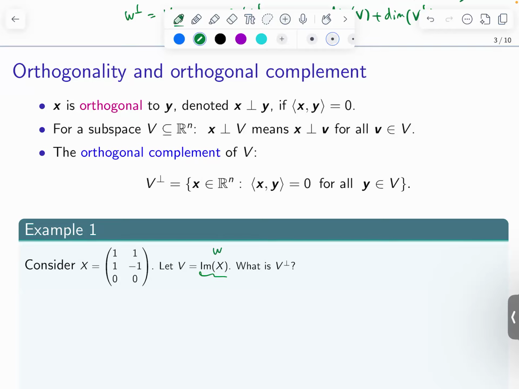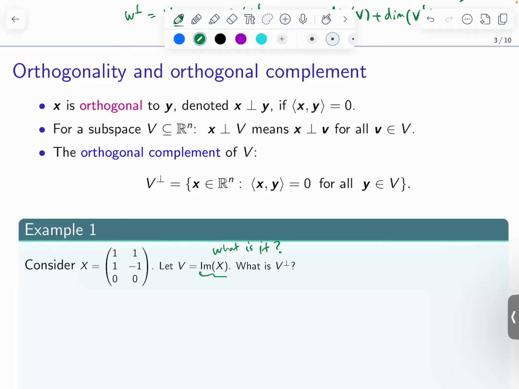What is V itself? Something similar to 1 0 0, 0 1 0, because the ones could be added, and the bottom is always 0. So the columns don't add up to anything nonzero at the bottom.